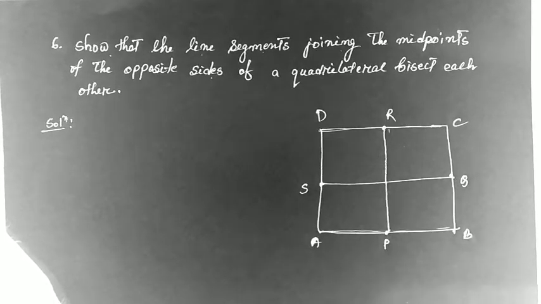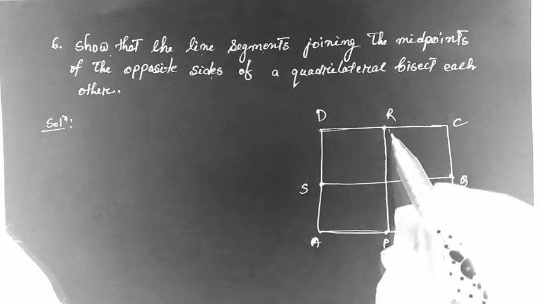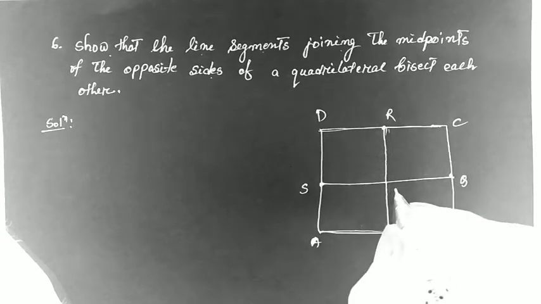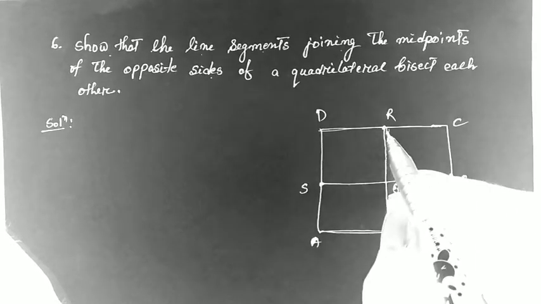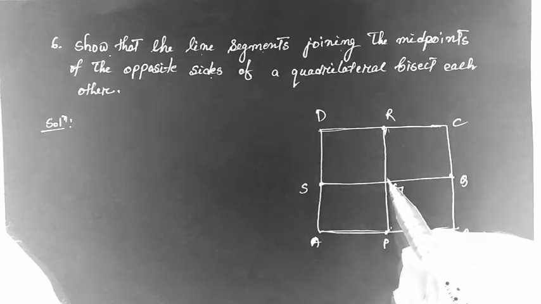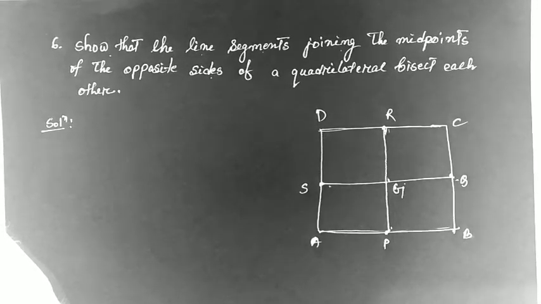That means, suppose this point is G, this part PG and GR are equal and SG and GQ are equal. We need to prove this one.